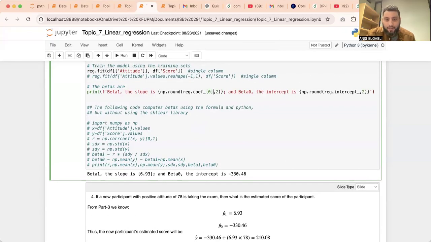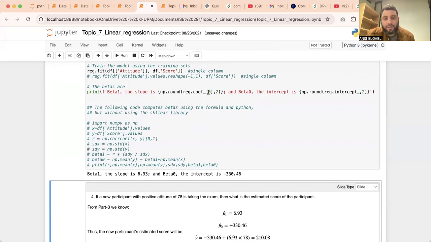So if I do it this way, then I'm accessing that element, the first element, which is the only element. So this is the slope, or the coefficient of the input feature. And when we call .intercept_, we're returning the value of the intercept. Here, passing 2 is just rounding, considering only 2 digits after the decimal point.